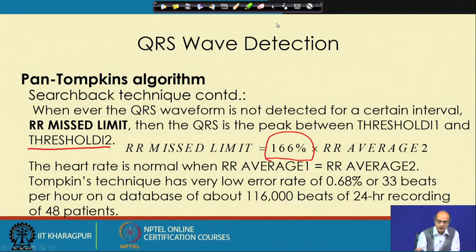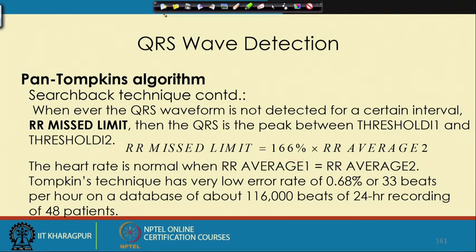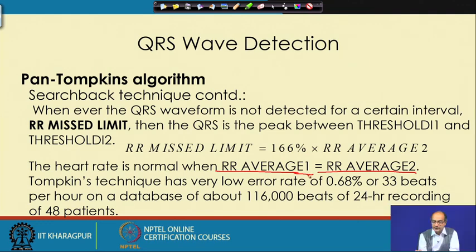Okay. So, when the heart rate is normal, that we do not have any problem, then we get that RR average 1 and RR average 2, they should be similar. There is no reason that they would be different. However, if there is fluctuation in the heartbeat, then these two can actually vary.